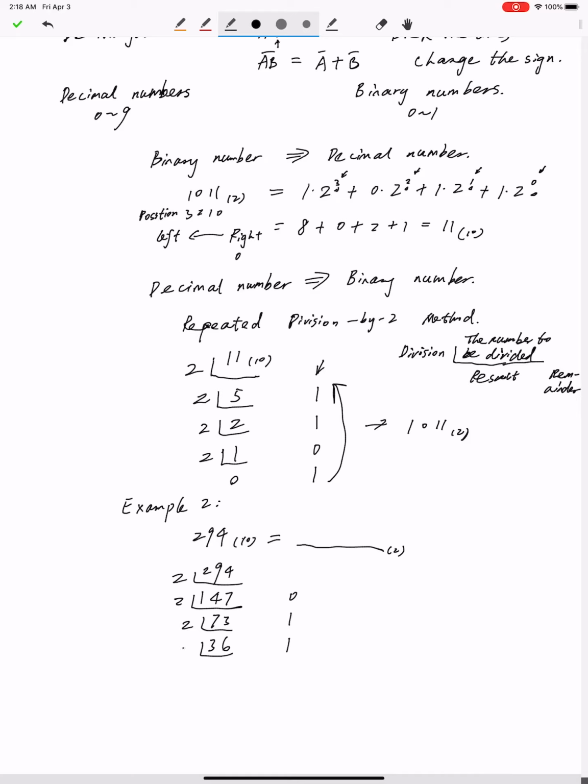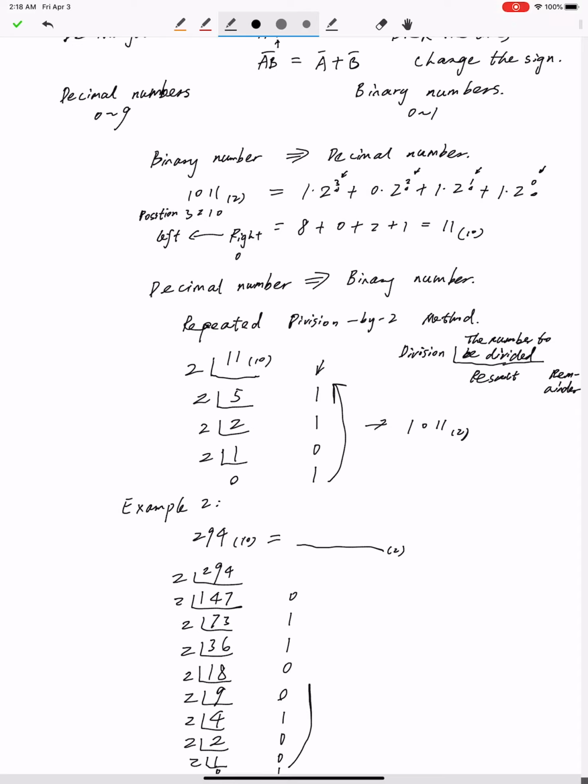And continue division by 2, that's 18. Remainder is 0. 18 divided by 2, result is 9. Remainder is 0. 9 divided by 2, result is 4. Remainder is 1. 4 divided by 2, result is 2. Remainder is 0. 2 divided by 2, that's 1. Remainder is 0. And 1 divided by 2, 0 and remainder 1, right?